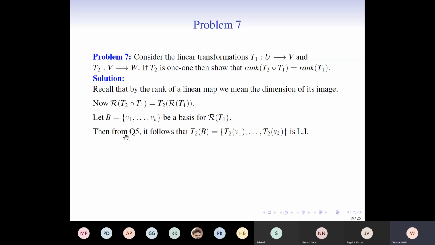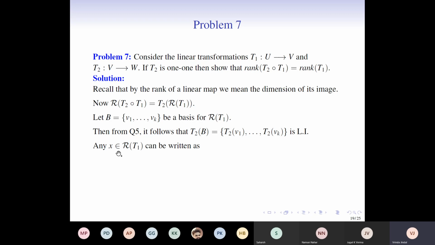So B is the range of T1 and it is obviously a subset of V because T1 goes from U to V. So applying T2 would also mean that the set T2 of V1, T2 of V2 up to T2 of Vk is linearly independent.